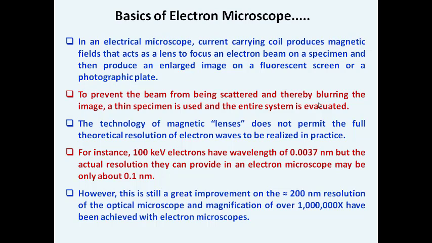Theoretically, with electrons of 100 kilo electron volt we would expect a much finer resolution, but with an actual electron microscope we can achieve a maximum resolution at the scale of 0.1 nanometers.